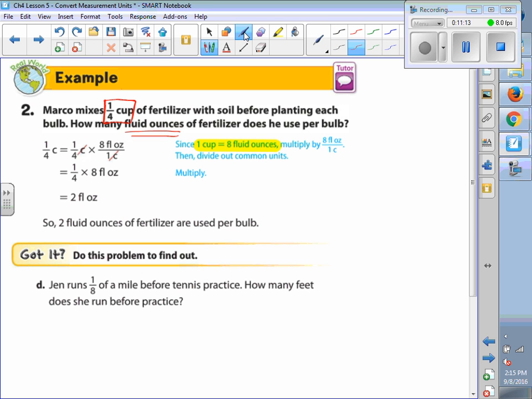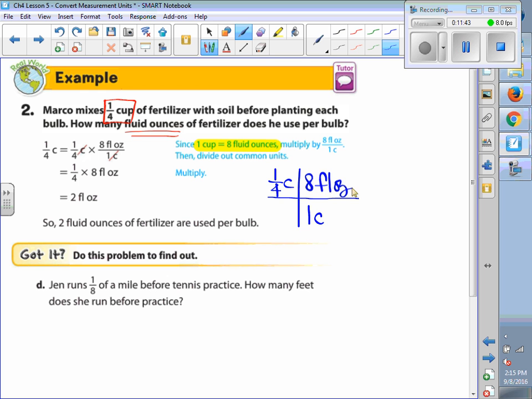So when we have 1/4 cup, what am I going to put so that cups will cancel? Where am I going to put it? Cups go where? On the bottom. Very good. So 1 cup here, and then 8 fluid ounces in the numerator.